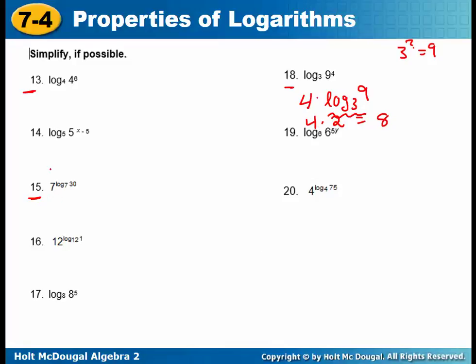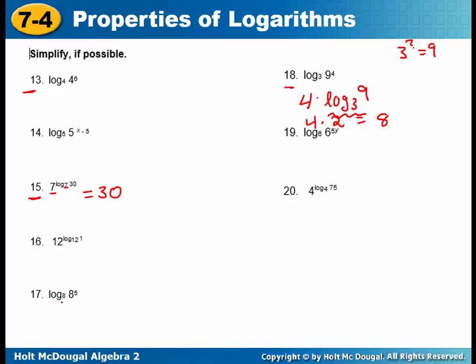For number 7, this is 7 raised to the log base 7 of 30. This matches this, so you can use the inverse to just say that this will be equal to 30. A lot of these are working that way. Let's do number 17.